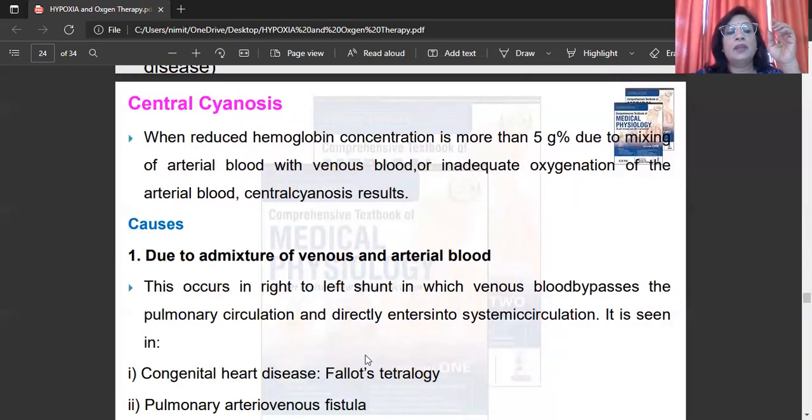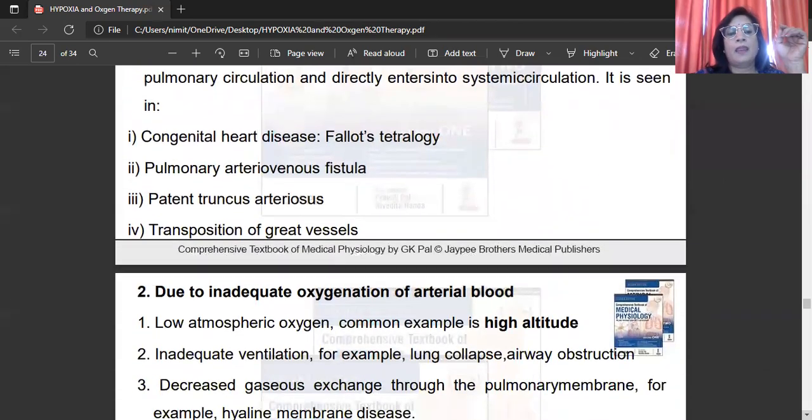Due to admixture of venous and arterial blood, like right to left shunt, in which the venous blood bypasses the pulmonary circulation, like in congenital heart disease such as Tetralogy of Fallot, or pulmonary arteriovenous fistula, patent truncus arteriosus, and transposition of the great vessels.